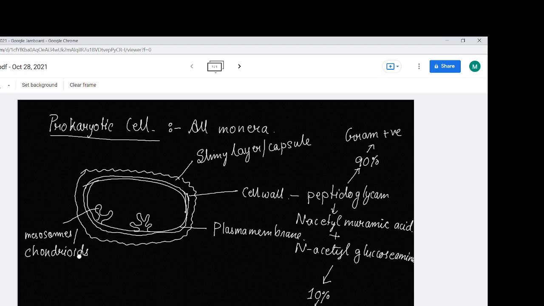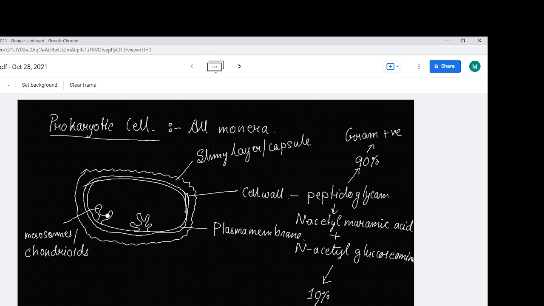The reason behind calling them chondrioids is that they do the function of mitochondria. So they help in making ATP molecules and in respiration. That's why they are called chondrioids.